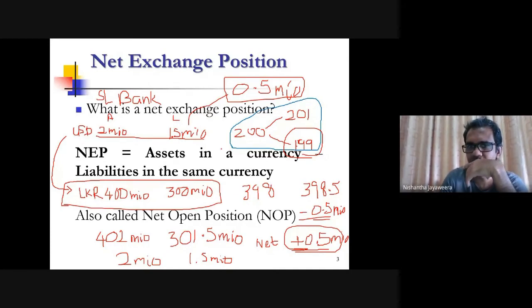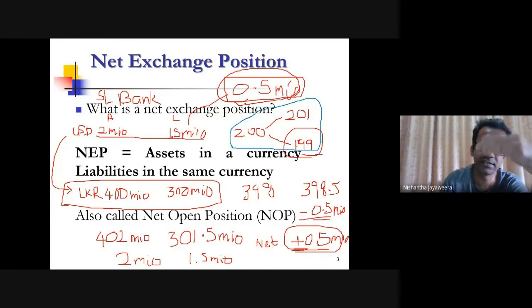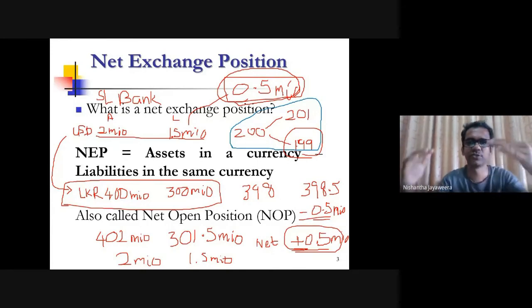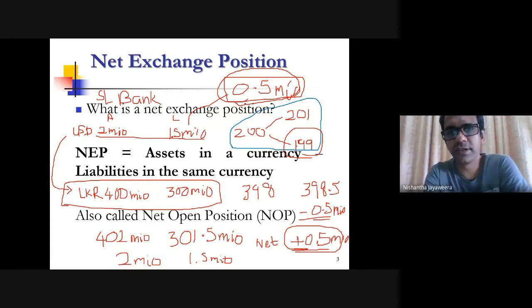So therefore, the exposure, this 0.5 million, is the amount we put at risk. Others move in tandem together, so they won't create any profit or loss, but that difference will create a profit and loss.